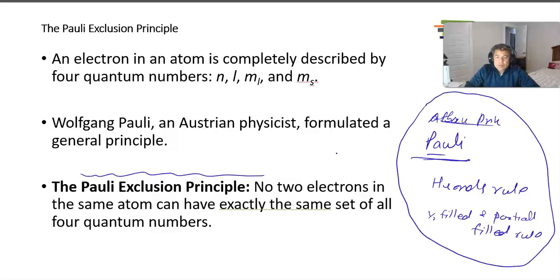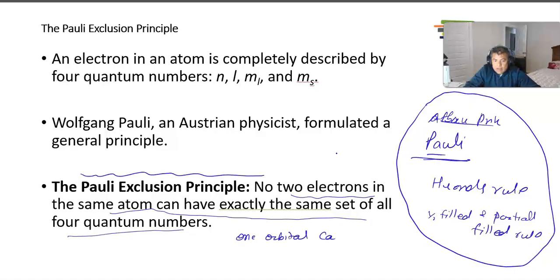Okay, so let's start from Pauli. What does the Pauli exclusion principle say? No 2 electrons in the same atom can have exactly the same set of all 4 quantum numbers. Or, one orbital can have maximum 2 electrons.